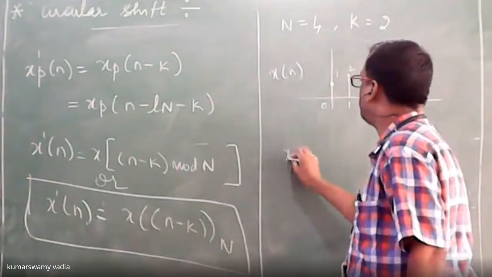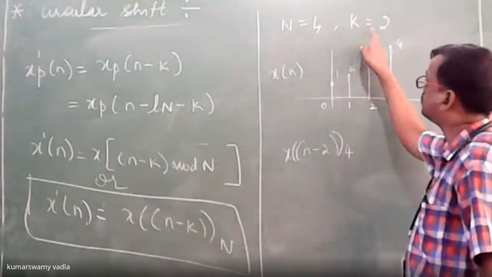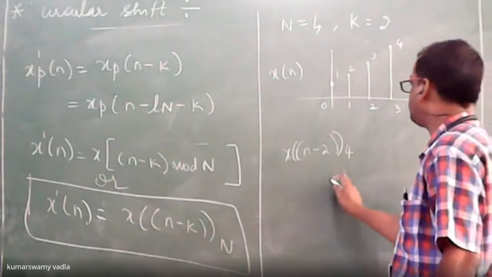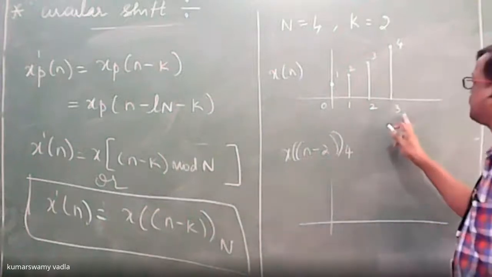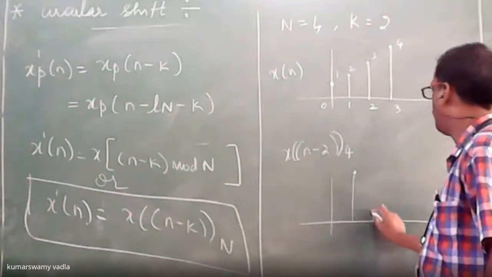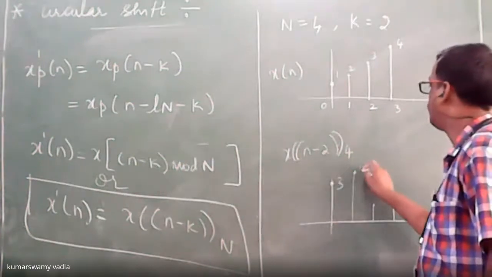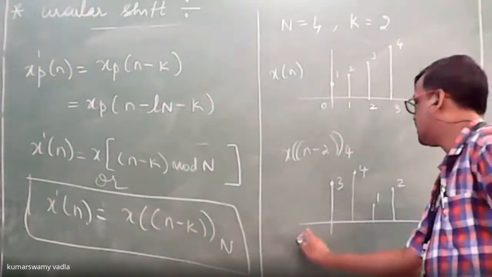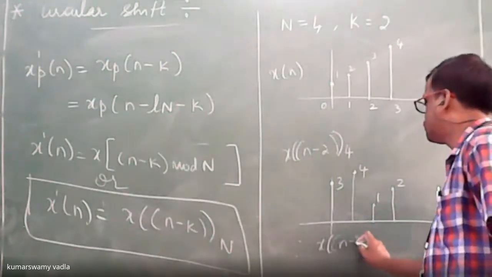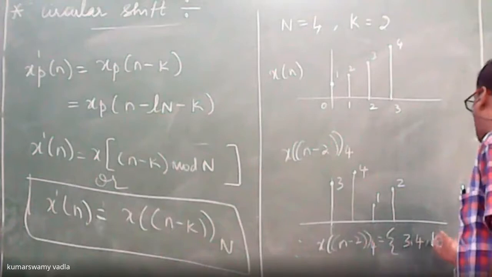Now, to write down x of ((n minus 2)) 4, k value is 2, n value is 4. What do you get here, friends? This value comes and sits across 3, 4, 1, 2, and 3. Therefore, x of ((n minus 2)) 4 will be the sequence 3, 4, 1, 2.